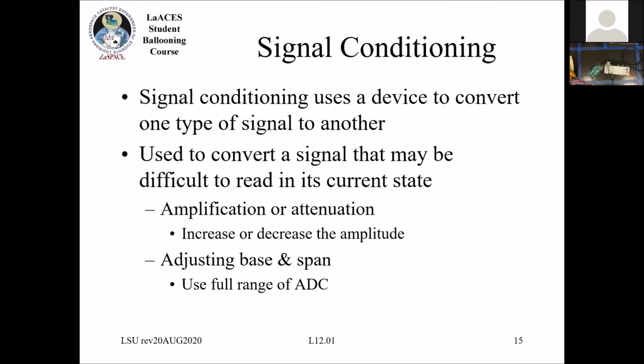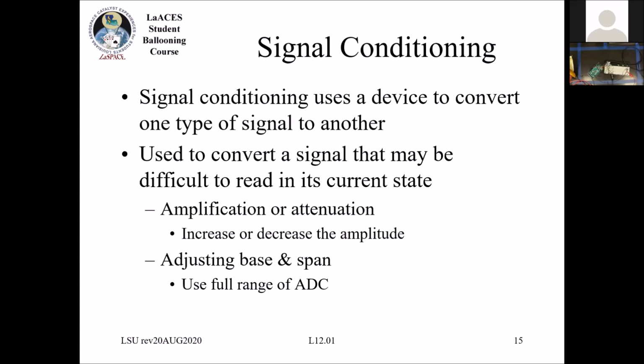So we basically take the input signal, run it through some circuits, often amplifiers, to change the signal. What we're doing is trying to change one analog signal to another one.